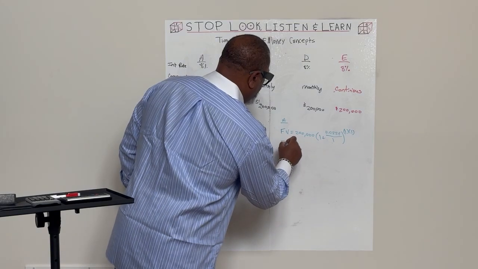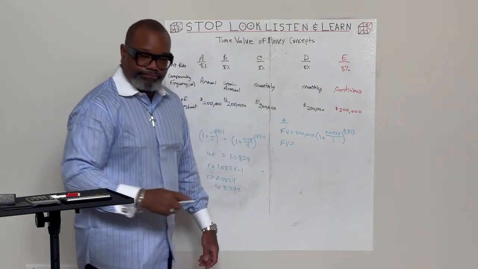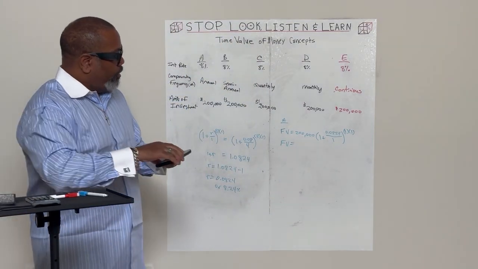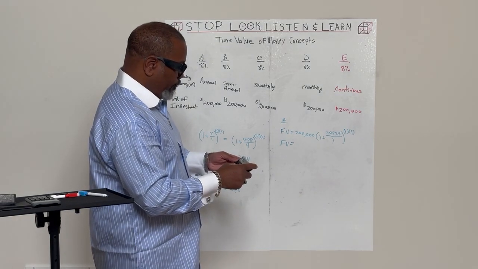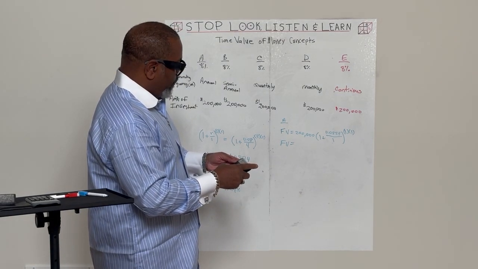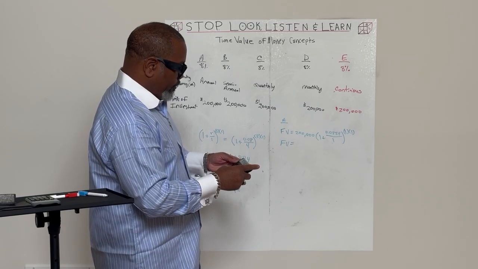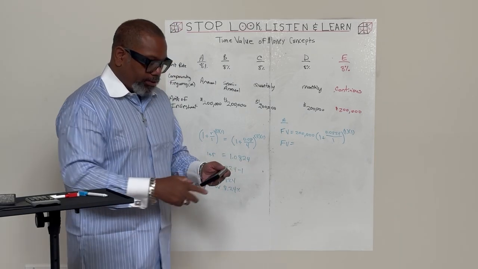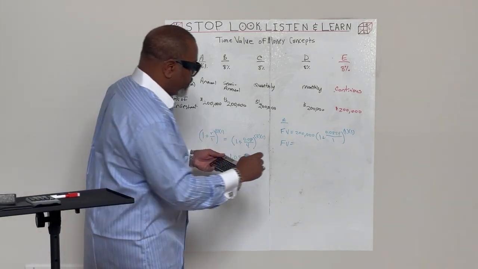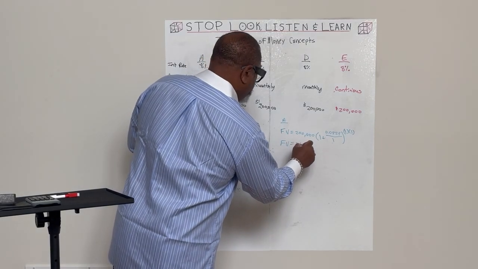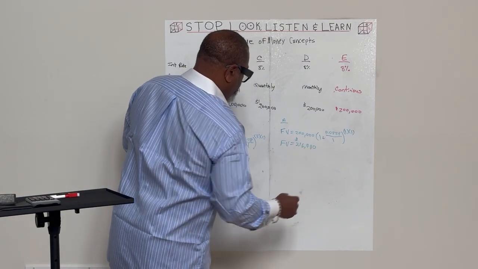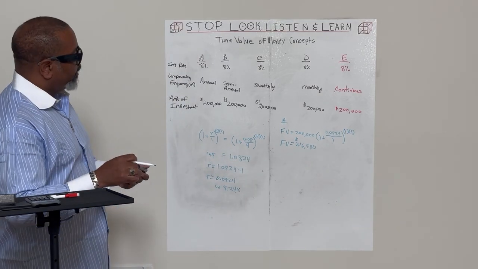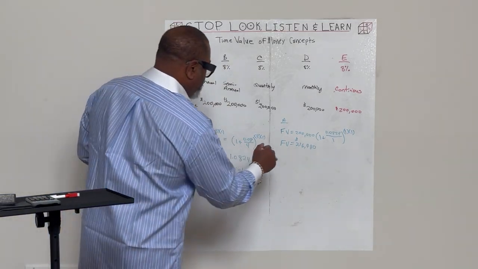So now the future value is simply going to be 1.0824 times 200,000. That's going to give you $216,480.